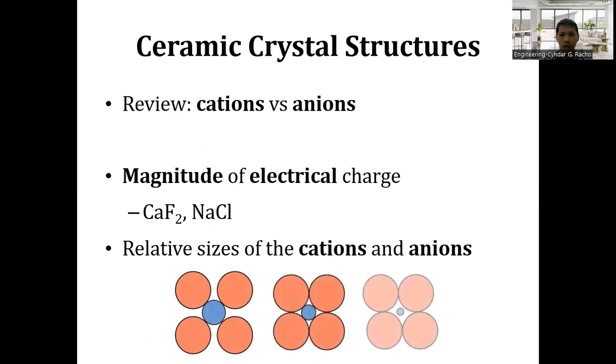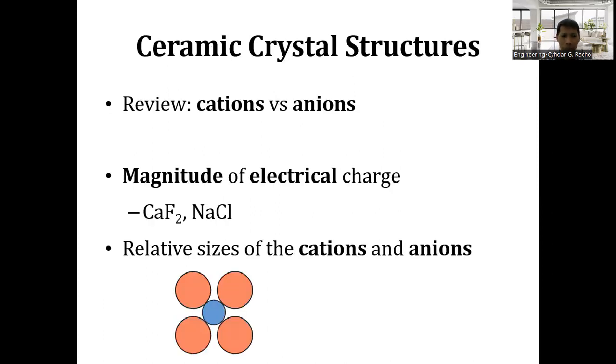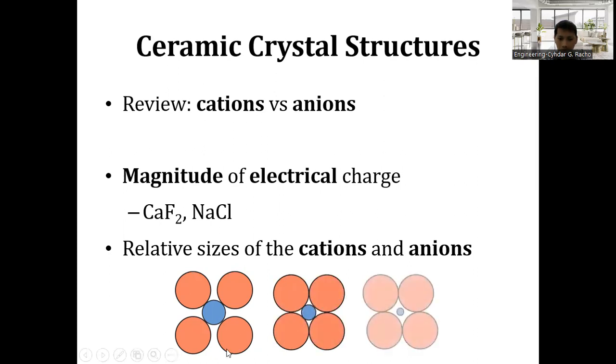So here you can see cations and anions. We can see the relative sizes of these cations and anions. So there are bigger cations, medium ones, and small ones.